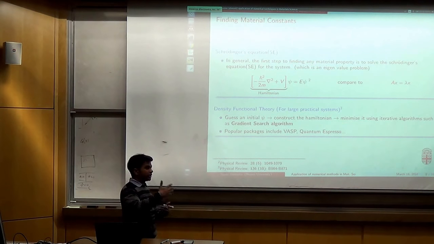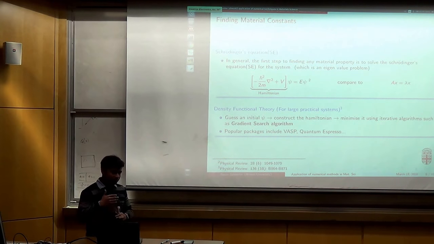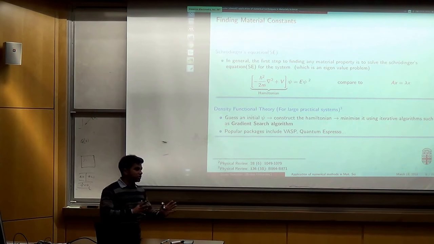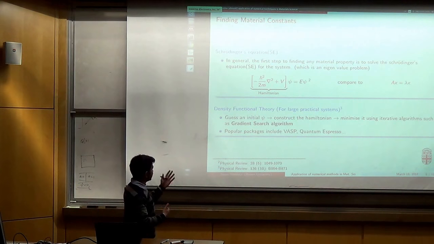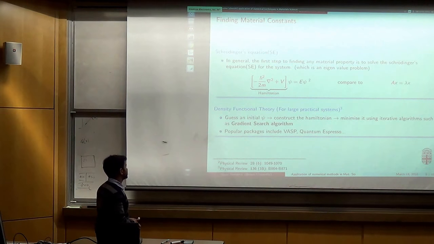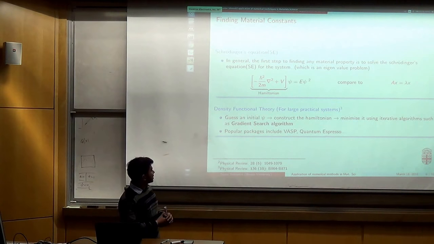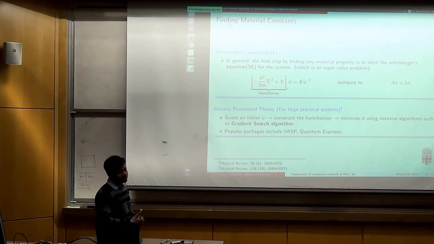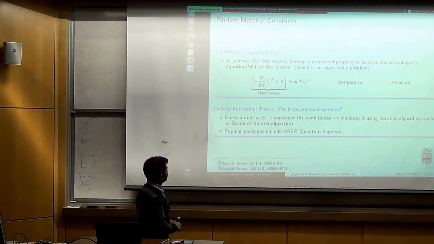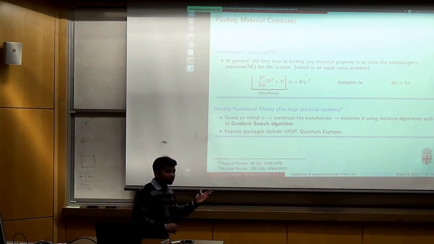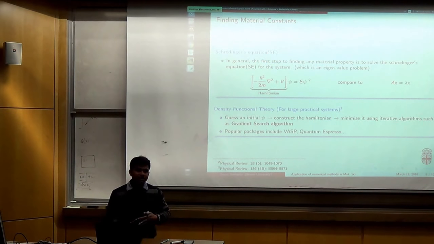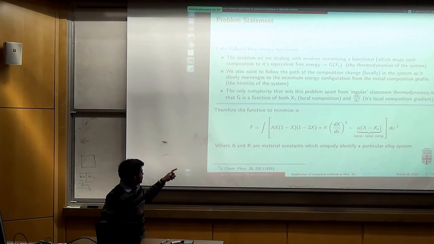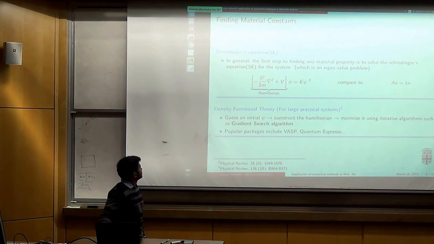And then we keep doing it again and again, till the psi that we put in and the psi that we get out are the same, barring marginal errors. This entire technique is known as density functional theory. There are popular packages which do it for you, known as VASP and Quantum Espresso. There is Gaussian and so whatnot. But at the end of the day, if you figure out psi for a particular system and do some statistical averaging on that, we can get the values of the A's and the K's that I talked about.